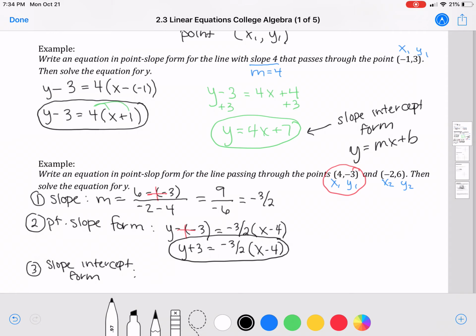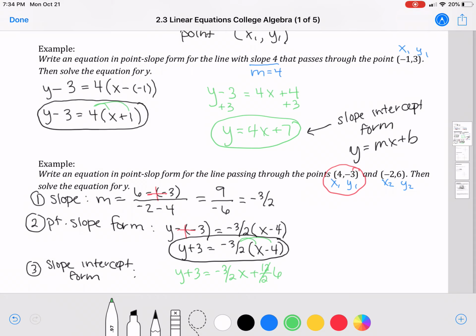Alright, so if we want to solve for y, we're going to start with distributing. So we have y plus 3 equals negative 3 halves x. Okay, negative 3 times negative 4 is a positive 12 over 2. I'm going to go ahead and write that. And remember, 12 divided by 2, we can simplify that to just be 6.